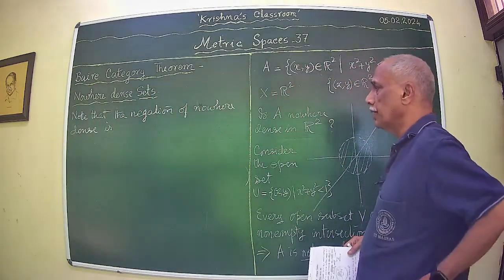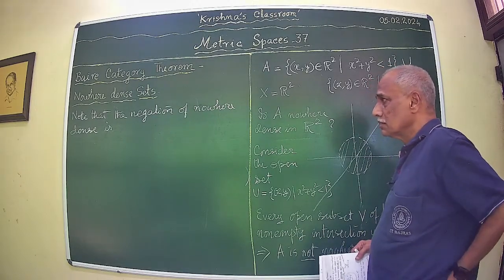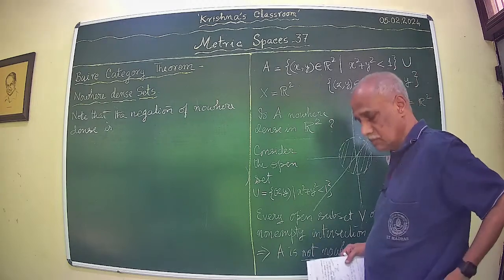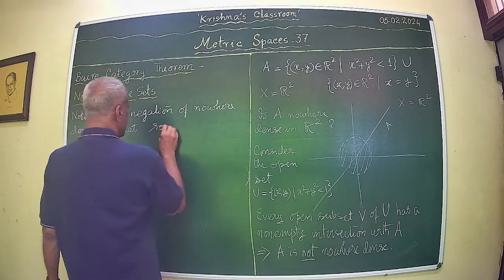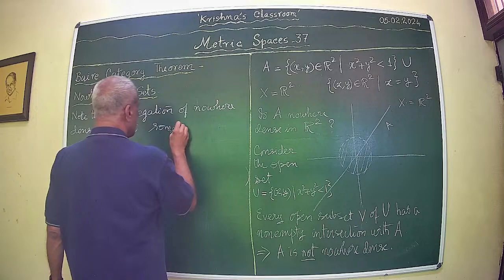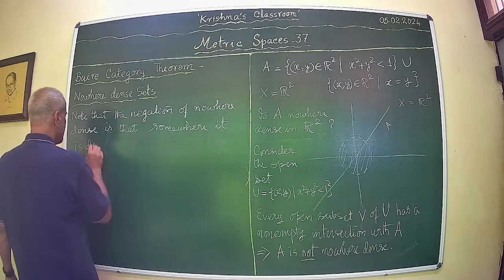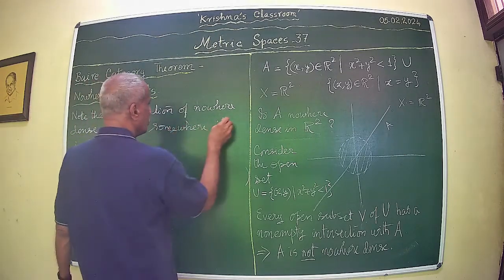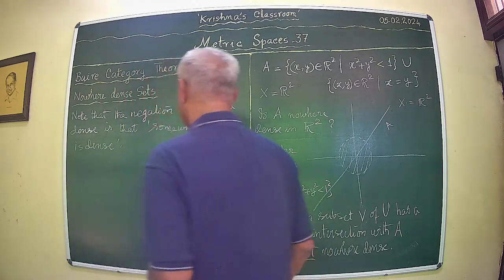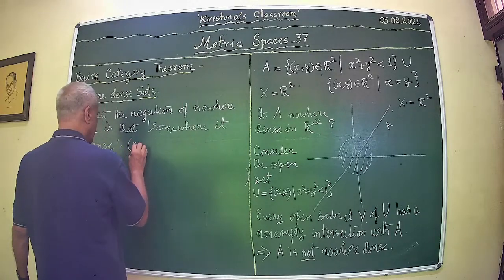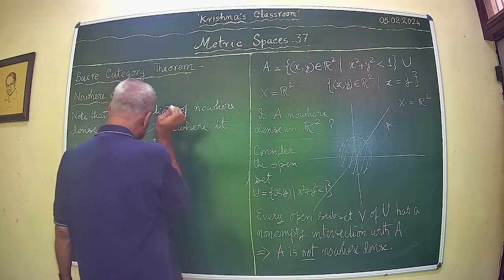The negation of nowhere dense is that somewhere it is dense.